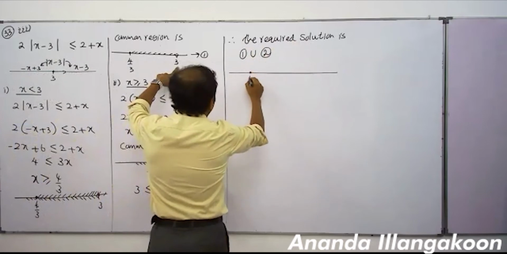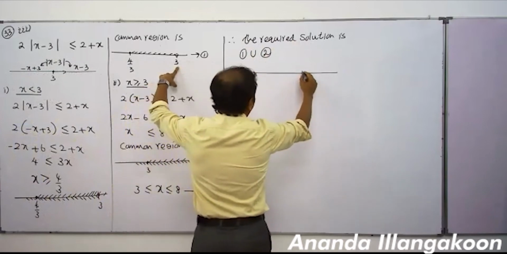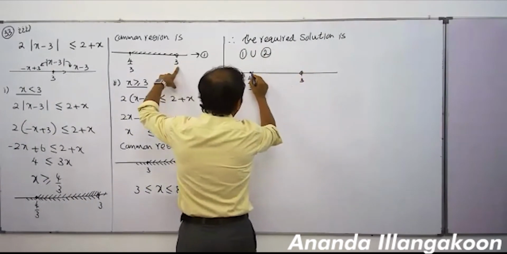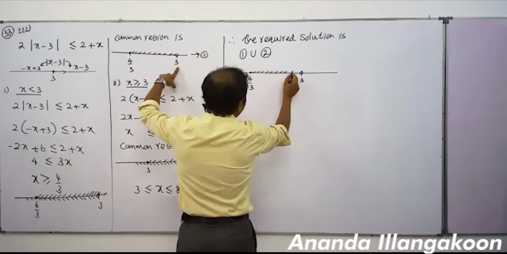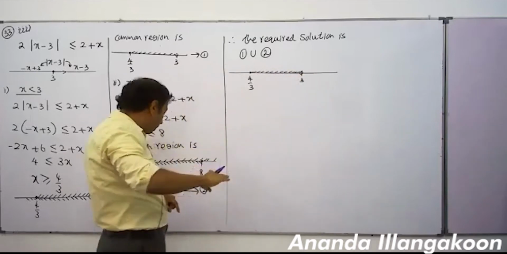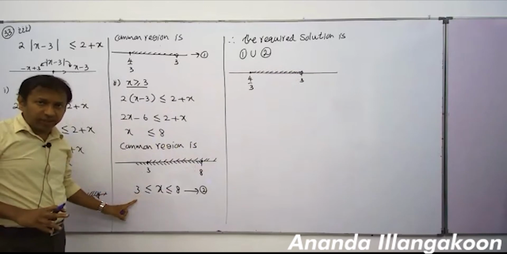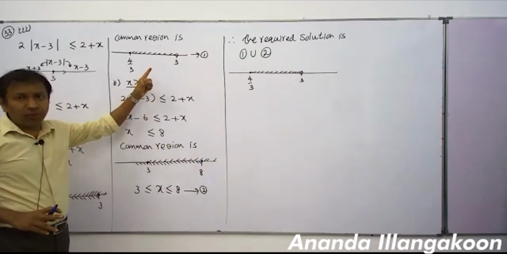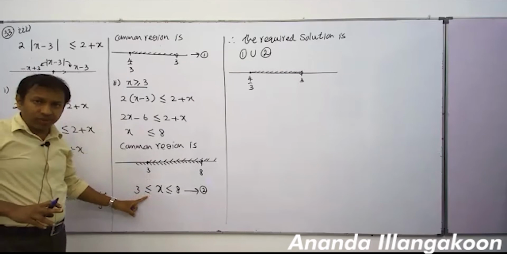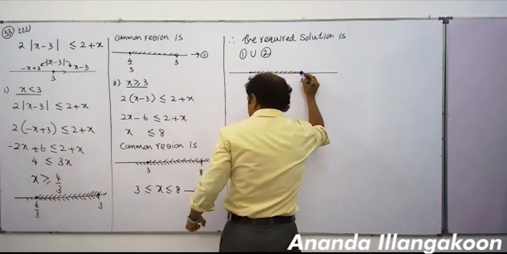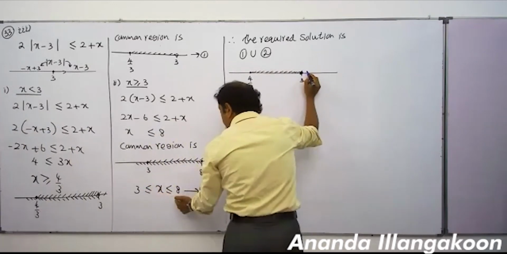This whole region. To this we have to add this one. This time this 3 is taken. First one 3 excluded, but second one takes this 3. So this deleted one we have to color, because here x takes the 3 and up to 8, including 8.